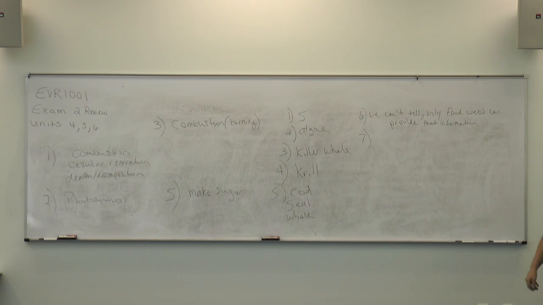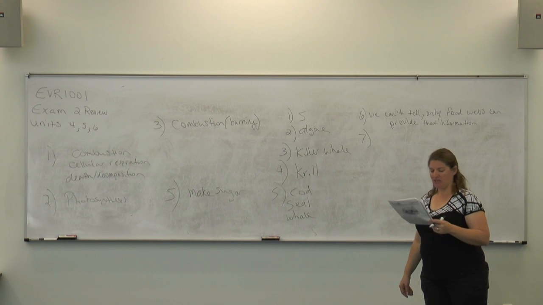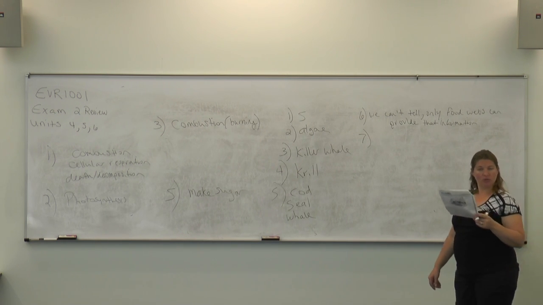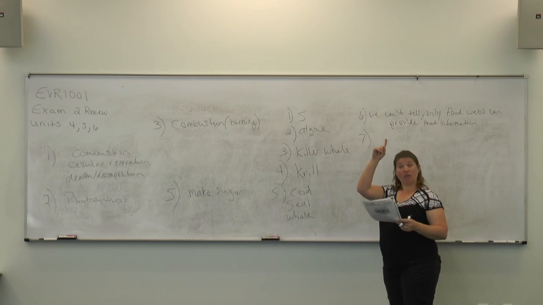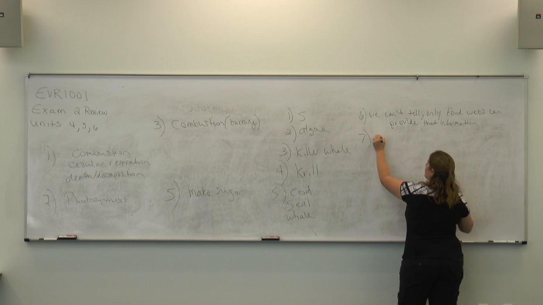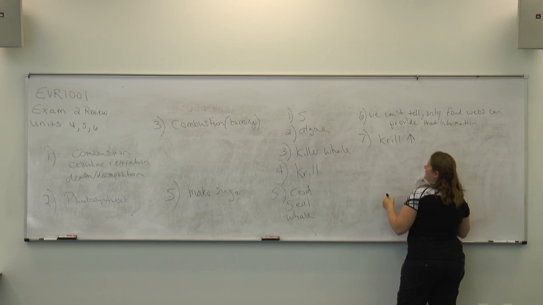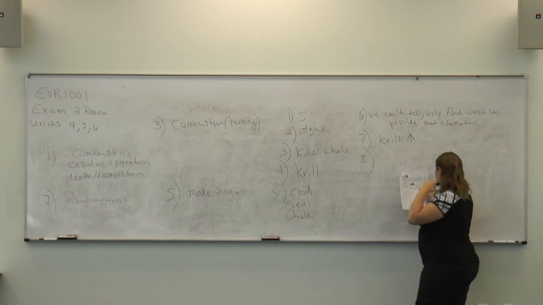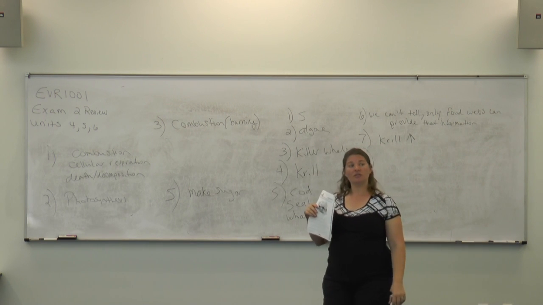Number 7, what would happen to the krill population if the number of cod were significantly decreased because of fishing? If cod went down, what would happen to krill? They would increase, right? The krill would increase because there's less predator to eat them. Would the decrease in the cod population affect algae populations?